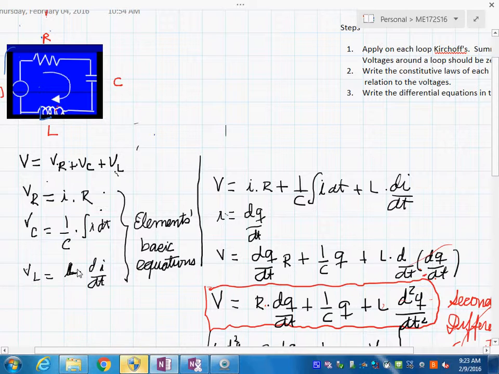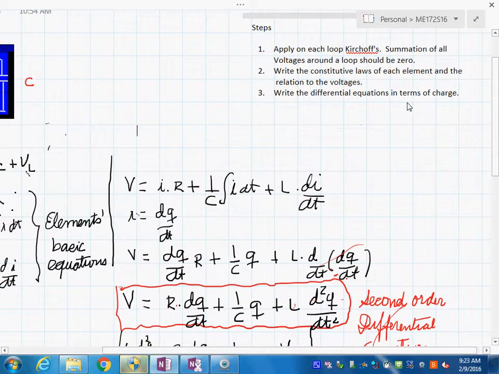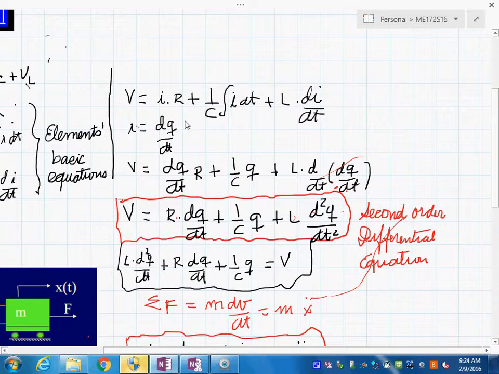If we put these basic equations here, then we develop the differential equations. See, differential equations in terms of the charge in this case. The reason is that if you keep it in terms of the current, the equation has integration and differentiation, and it's not in the best format for solution.